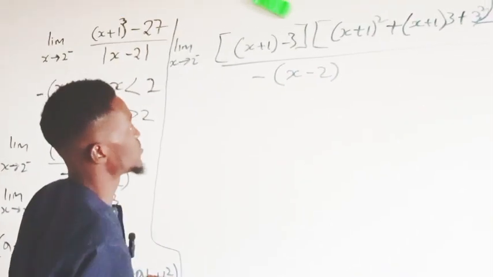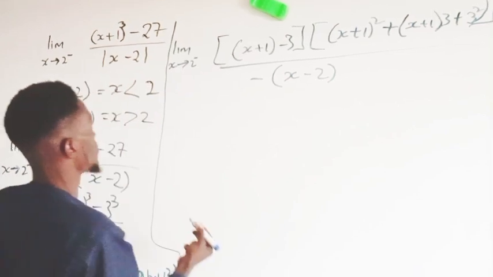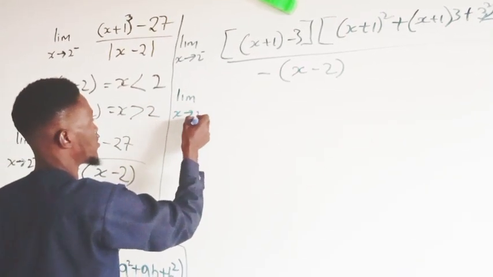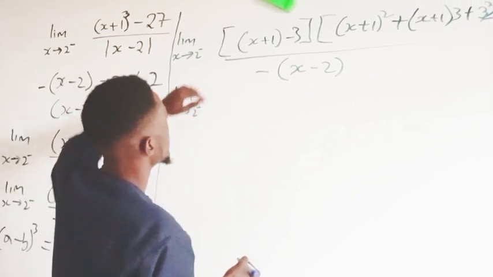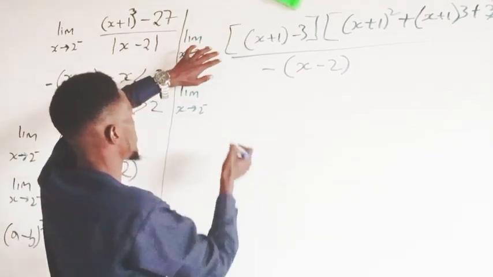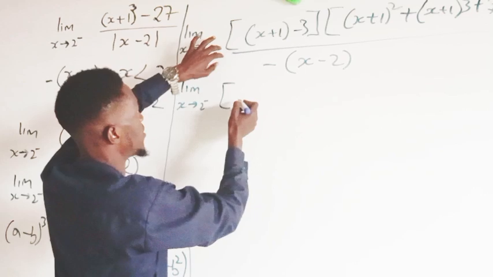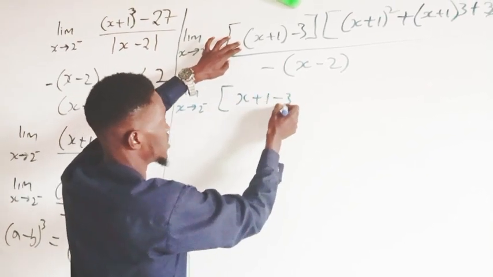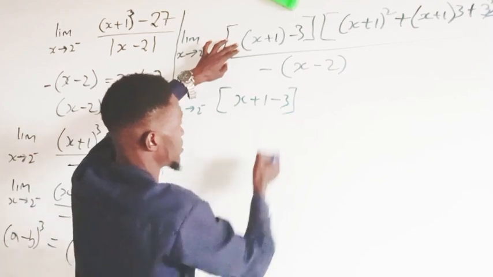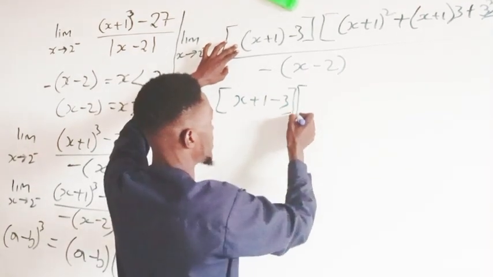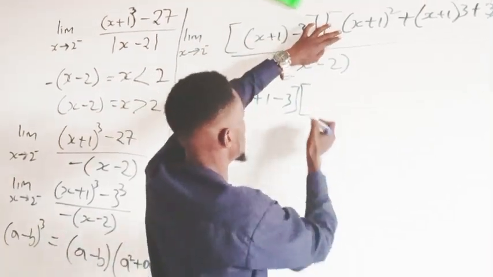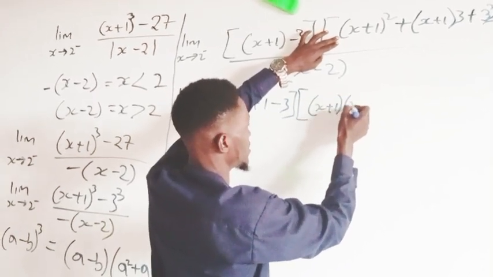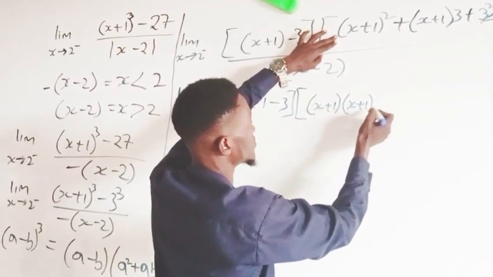So it means we need to simplify further, okay? This can be written as limit as x tends to minus 2. If we open this bracket, it's going to be x plus 1 minus 3, okay? This is what it means. On this side, we're essentially going to repeat it twice: x plus 1 times x plus 1, okay?